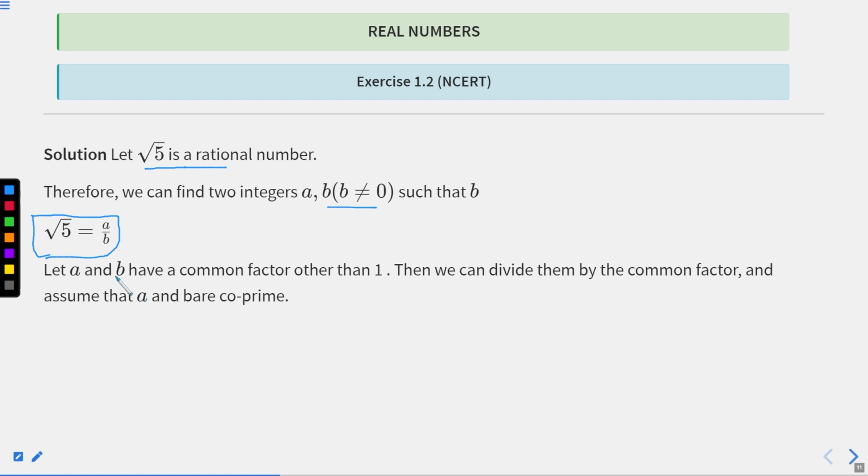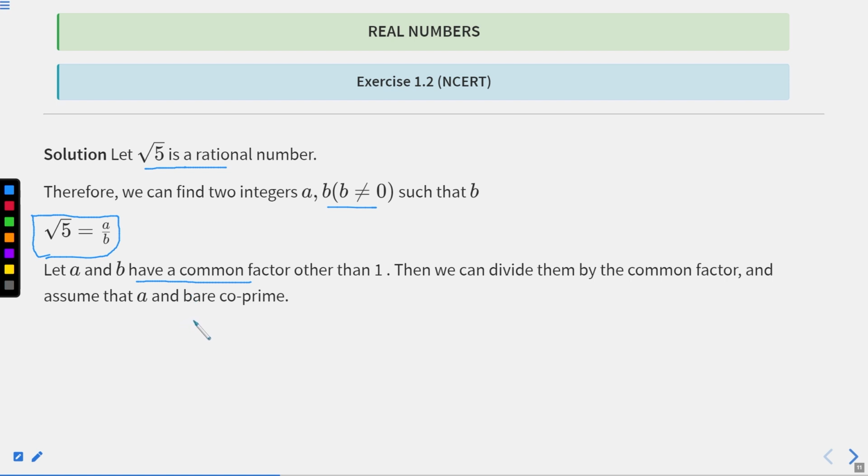Let a and b have a common factor other than 1. If a and b have a common factor other than 1, then we can divide them by the common factor. So we assume that a and b are co-prime.